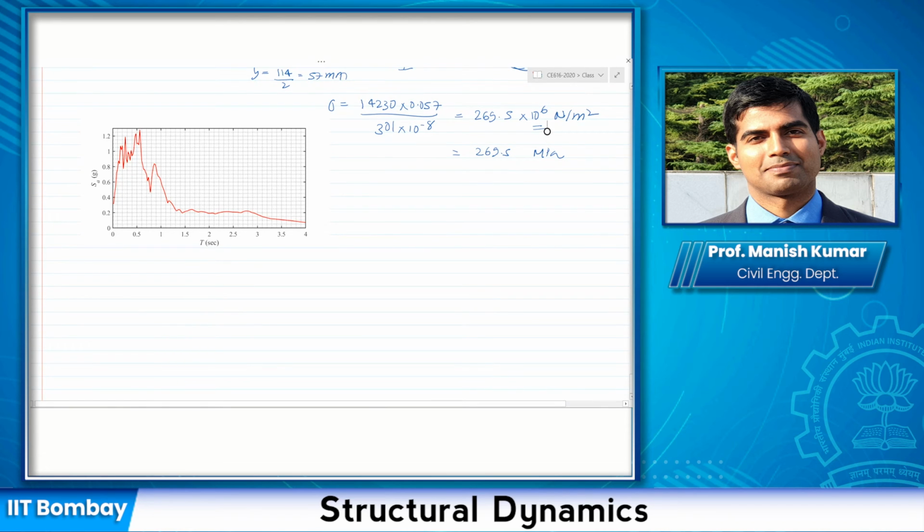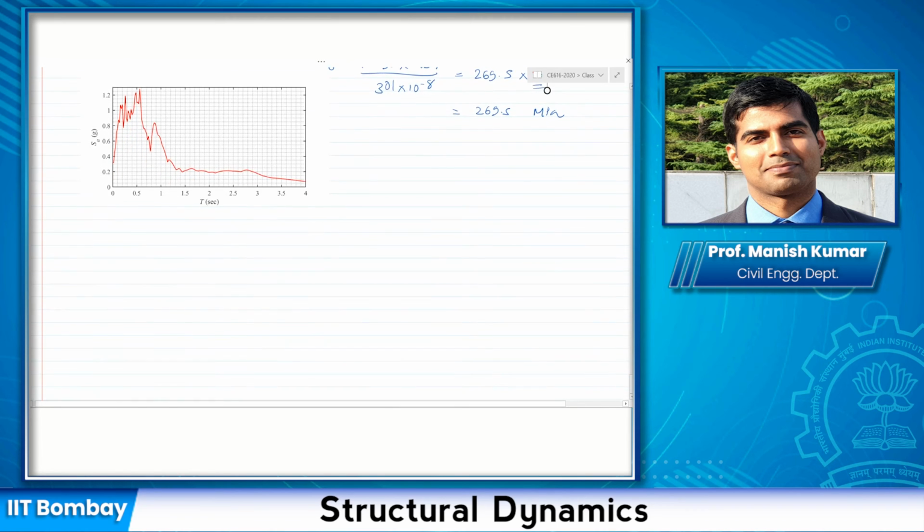So what if I decide that I'm going to increase the column diameter, so that my stress value is reduced? That is my intended goal.